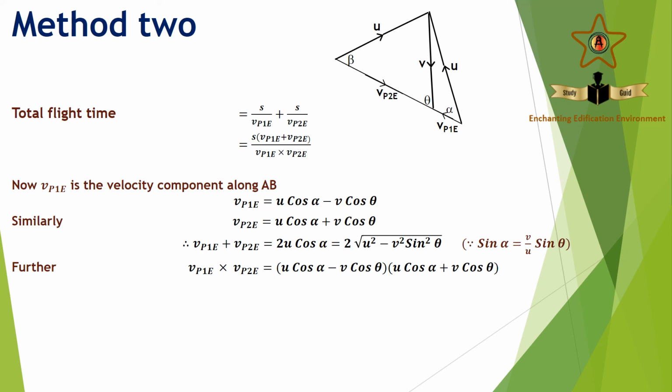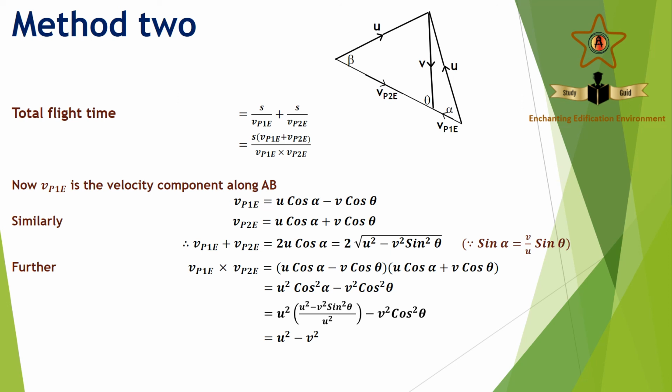These two can be considered as a difference of two squares. So we get u squared cos squared alpha minus v squared cos squared theta. For cos squared alpha, again we can write 1 minus sin squared alpha and simplify. So cos squared alpha is going to be (u squared minus v squared sin squared alpha) over u squared.